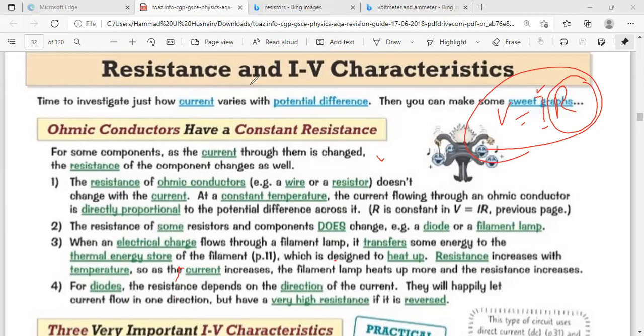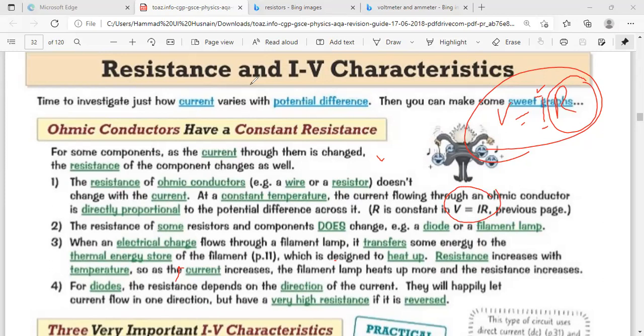For example, the resistance of an ohmic conductor, for example a wire or resistor, does not change with current. We were discussing that for a wire or a resistor, the resistance was constant. So those are ohmic devices. At a constant temperature, the current flowing through an ohmic conductor is directly proportional to the potential difference across it, and R is constant. In this, we have seen that R was constant.